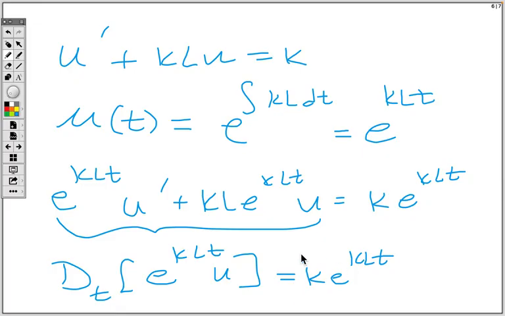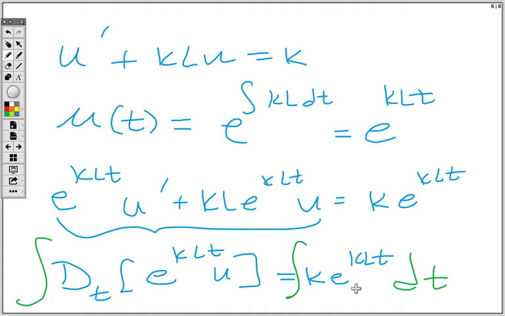All right, so now I'm going to integrate both sides. Once again, the independent variable here is t, so integrate with respect to t. And I will get e to the klt u equals, and then when you integrate this, what's going to happen? I'm integrating with respect to t. The k and the l are constants. We're assuming k and l are both positive. So when I integrate e to the klt, what's going to happen?